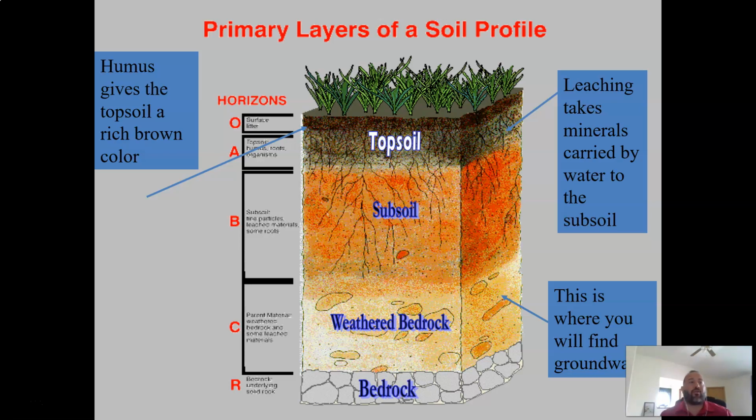Because if we think about how groundwater would work, the only thing we have below the parent material or the weathered bedrock is bedrock. So we have the big slab of rock. And so because of that, when water trickles down in through the system, it's going to hit the bedrock and start piling up from there. And so in that C layer is where we're going to see a lot of where we would find groundwater.